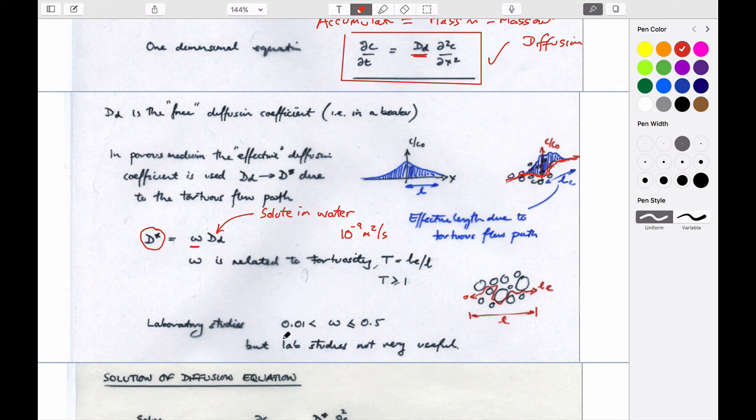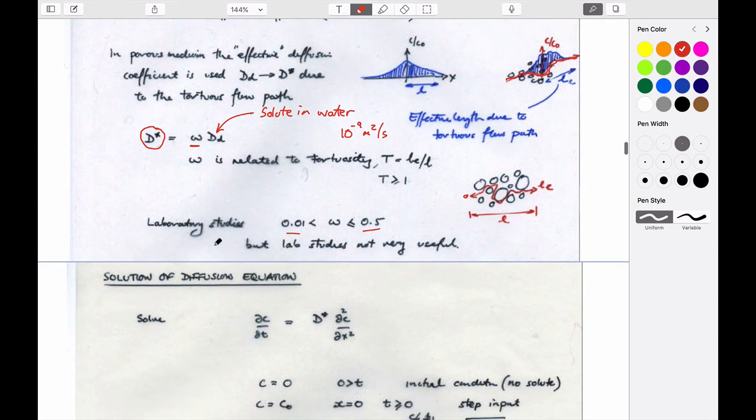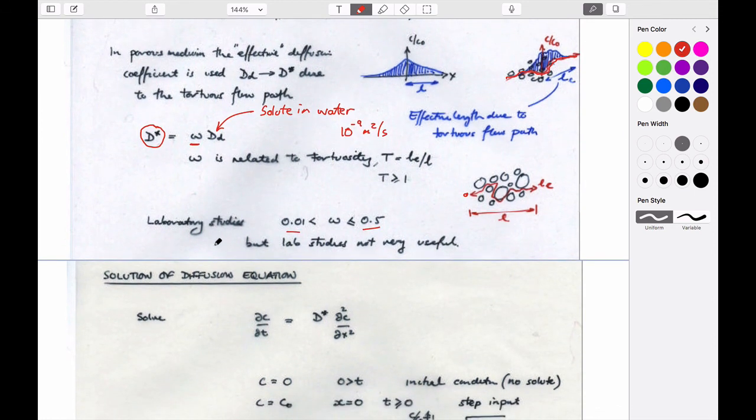And you can get magnitudes for this. It may be a half, it may be a hundredth, but you can get magnitudes for this as a function of the geometry of the pore space you'd have. But the point is you can get that number. You could also measure it, but it's going to be less than the true diffusion coefficient of that solute just in water in a beaker.